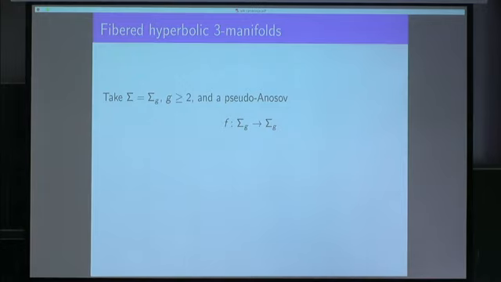So we take a pseudo-Anosov automorphism of a hyperbolic surface, and we construct the mapping torus as usual. So the fundamental group of the manifold is just the semi-direct product of the fundamental group of the surface times Z, and we denote by T the stable letter of this semi-direct product.